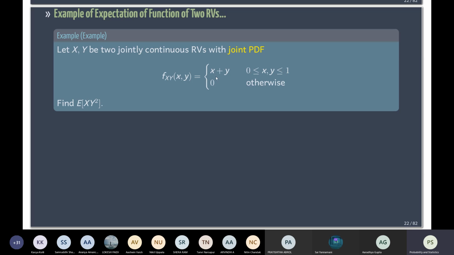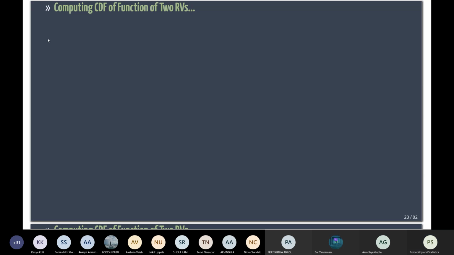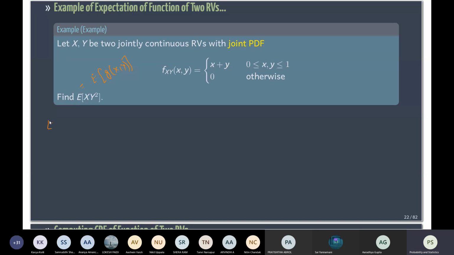So this is the joint PDF given to us, and then we are given a function, so this is like expectation of g(x,y). Okay, so we can compute this. This is expectation of xy squared by definition, minus infinity to infinity, minus infinity to infinity, xy squared f_XY(x,y) dx dy.